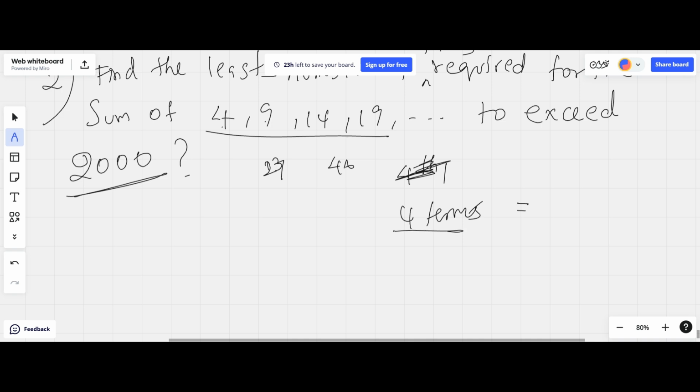If you add the first four terms, you are getting only 46. They are saying you need to exceed 2000, which means you have to get a little more than 2000. So you have to get around 2000. So how many terms do you need to reach this mark? That is the question. Now you may have understood what the question is.